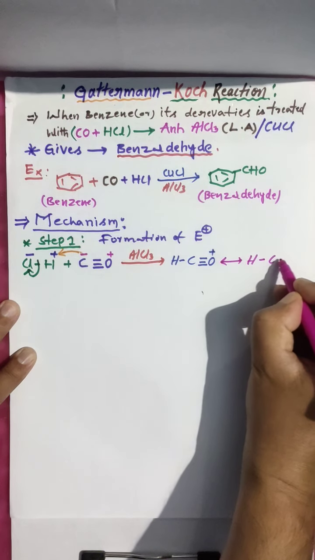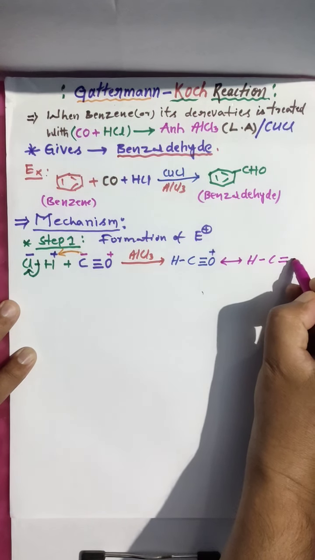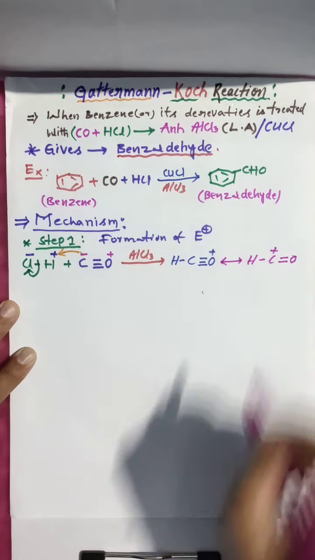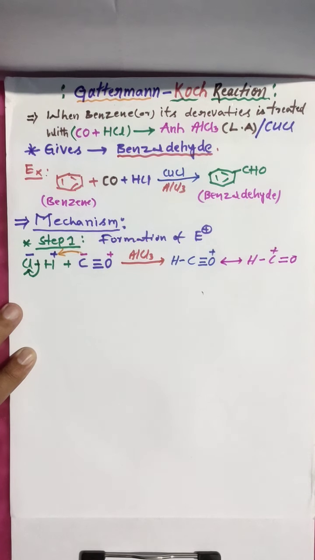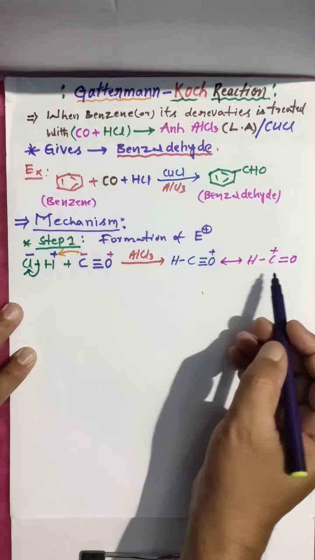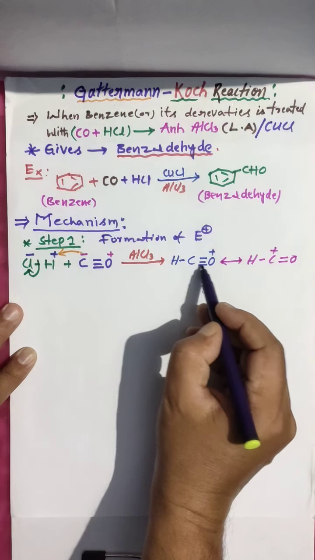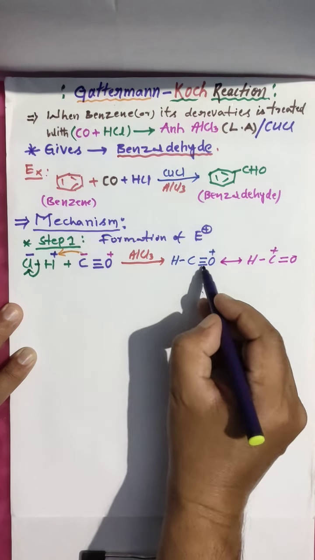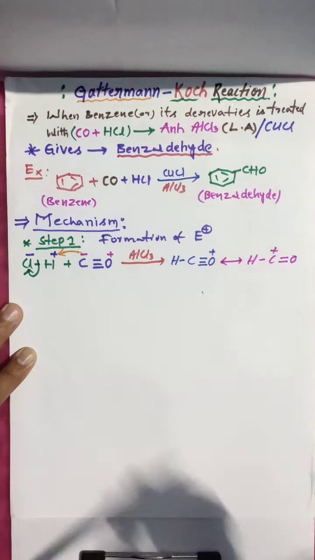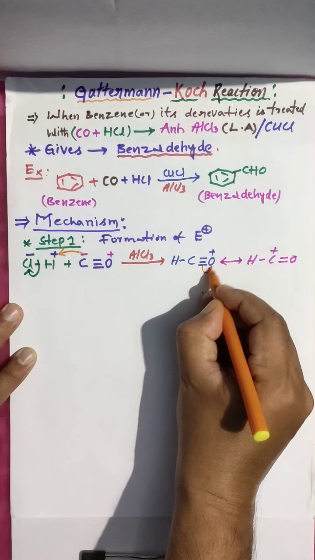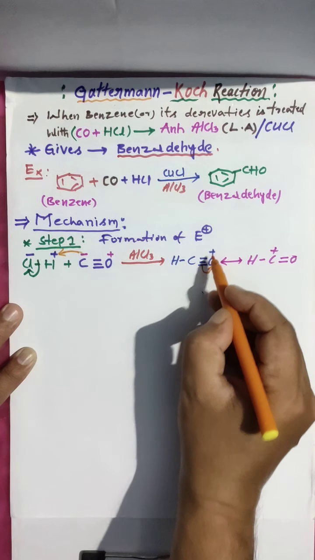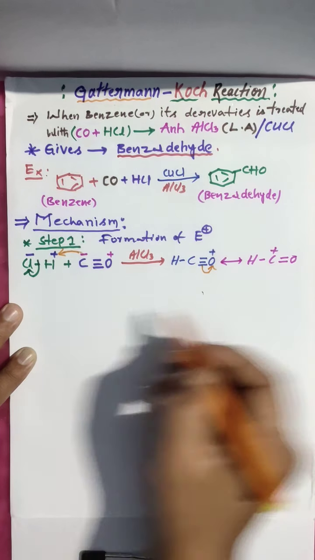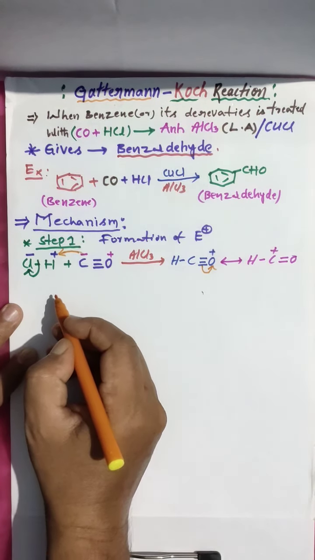H bond C, double bond O, and here you are getting plus. These two are in resonance. This oxygen, triple bond oxygen and carbon, I am shifting to oxygen. Then this plus charge will vanish. It lost its valency, plus you are getting. So this is what you are getting.